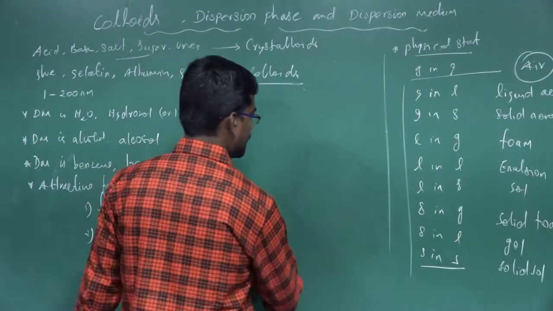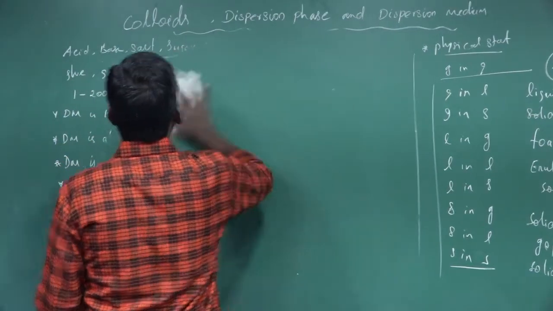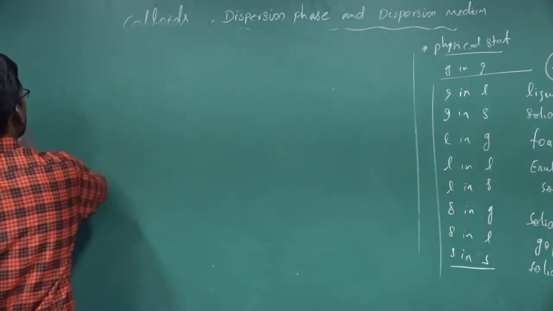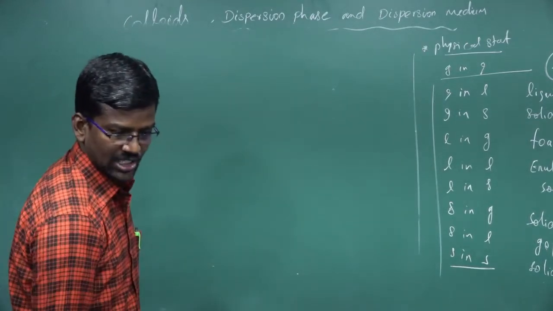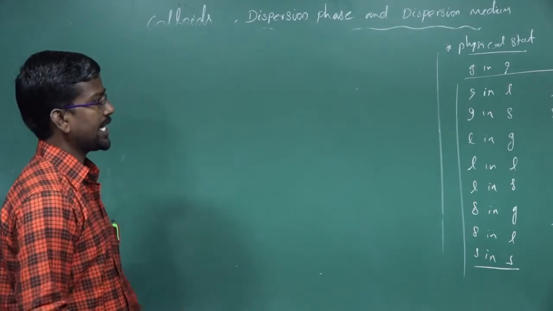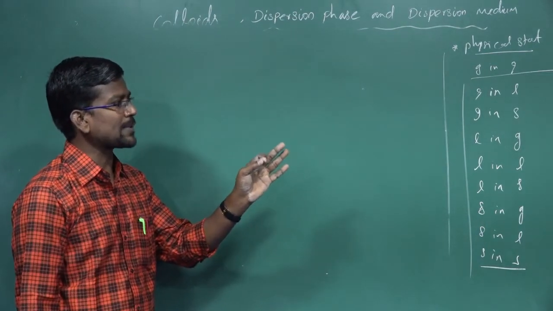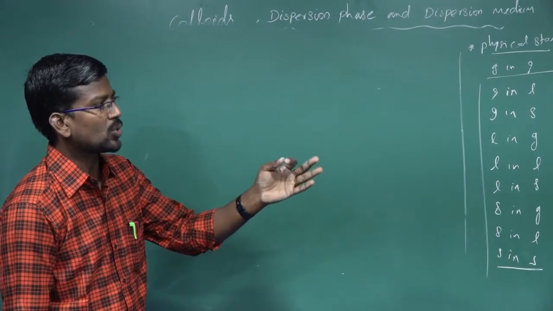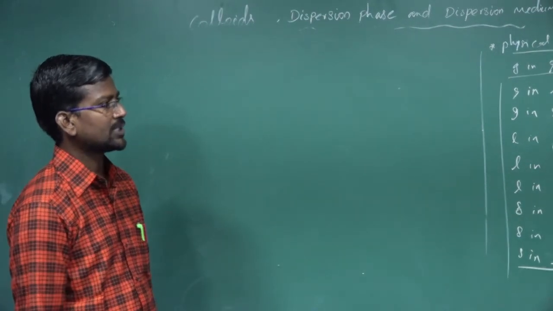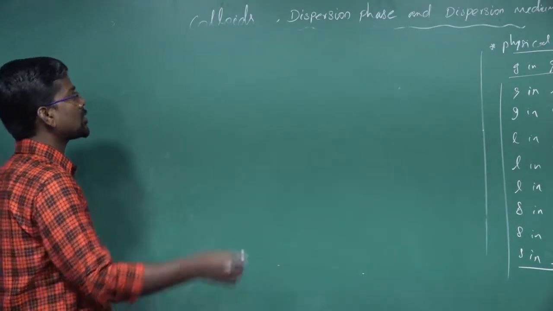Condensation method. By using condensation, a true solution containing small dispersed particles can be converted into a colloidal solution containing large dispersed particles. The following processes take place in condensation.